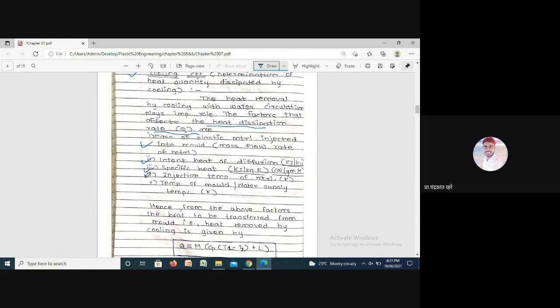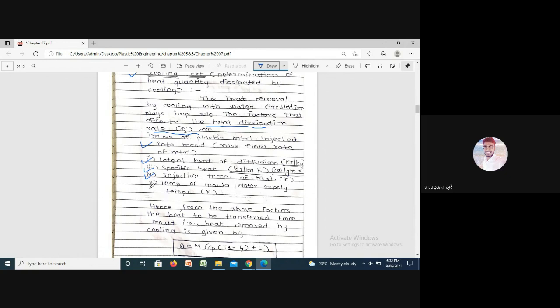After that, we have the injection temperature of the material in Kelvin. Injection temperature means the initial temperature of the plastic powder when injected into the mold. Keep that in mind.